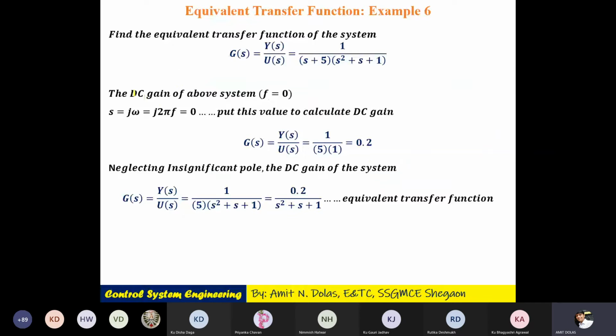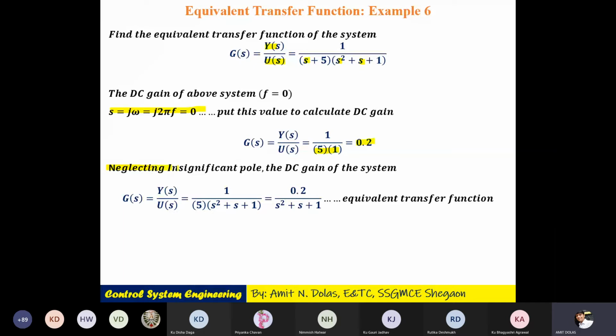Therefore, we have to do the reduction and find the DC gain. For DC gain, we put S equal to 0. So putting S equal to 0, the DC gain will be 1 divided by 5 into 1, that will be 0.2.